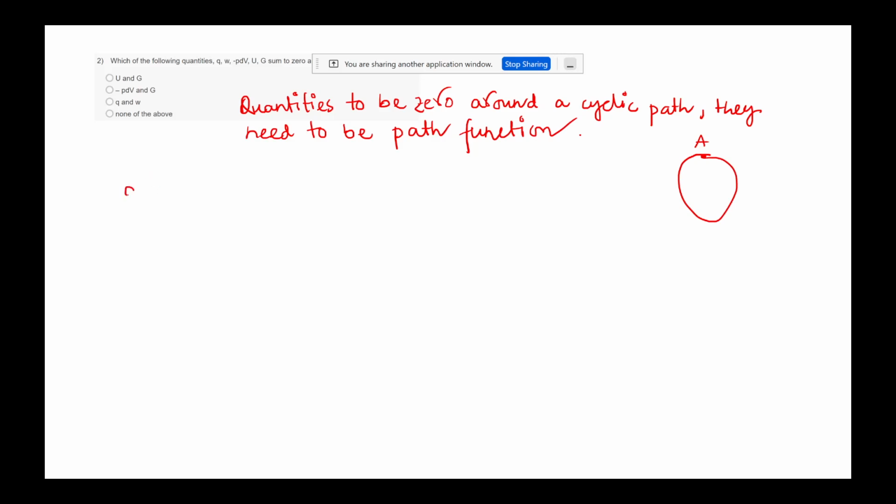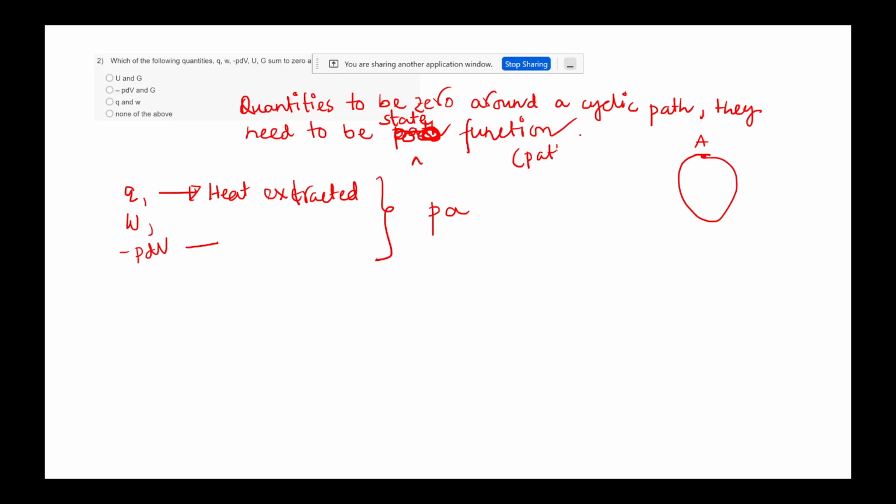Now Q, heat extracted, and W, minus PdV, are path functions, not state functions.